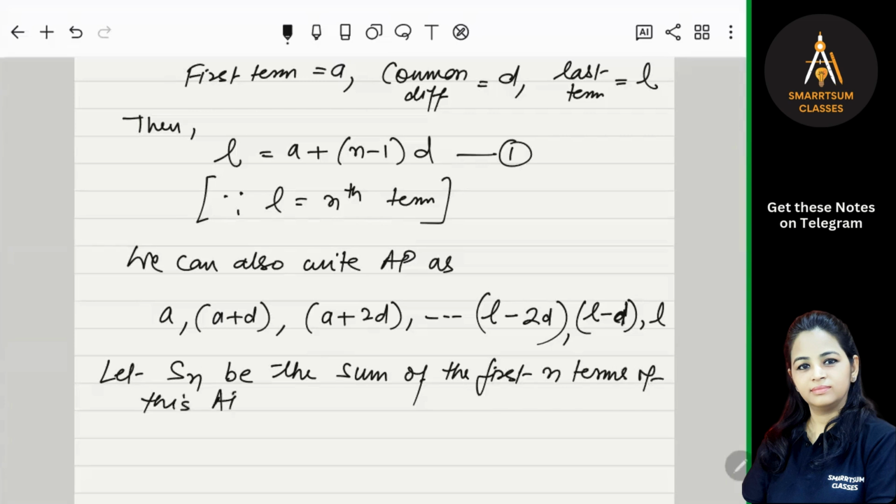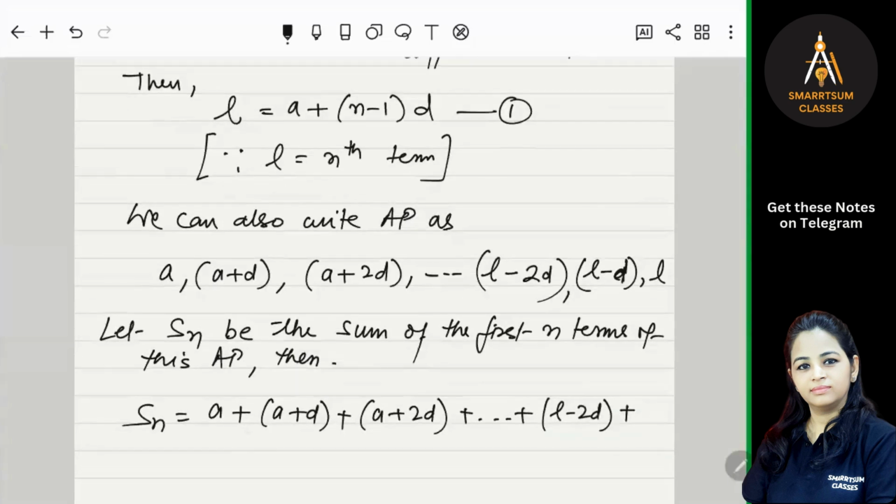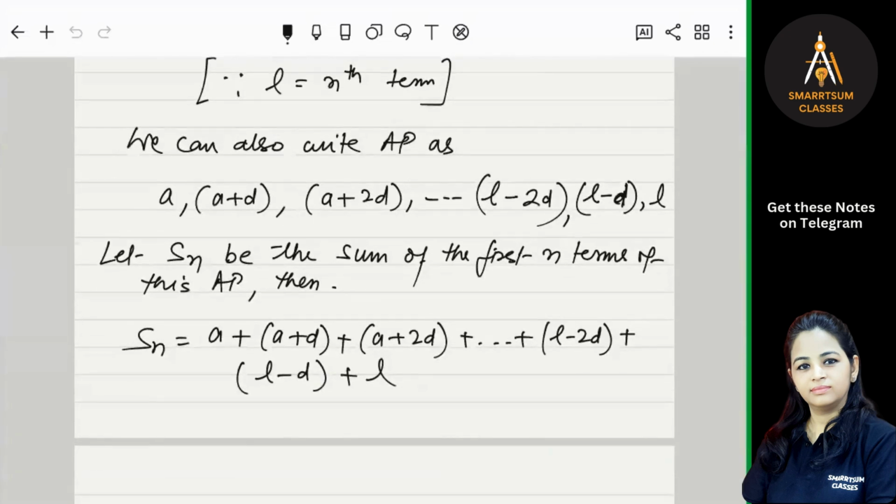Then Sn will be equal to A plus (A plus D) plus (A plus 2D) and so on, plus (L minus 2D), third last term, plus (L minus D), second last term, plus L, the last term. We simply add to get the sum of the total n terms, and that is Sn.